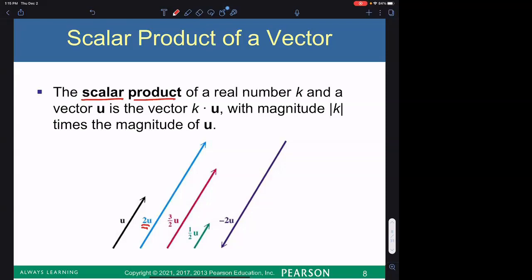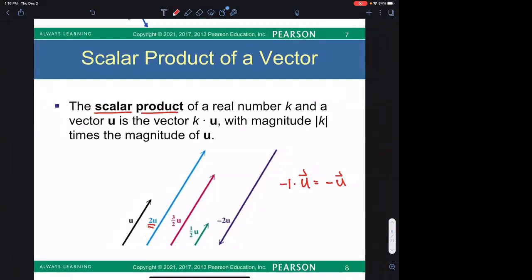So if you want a vector to double its length, multiply it by 2. If you want it to be the same length but in the opposite direction, you could multiply it by -1. So what we're going to see is that -1 times a vector u is just the opposite of the vector u, because you kept the same length and you just turned it around in the opposite direction by multiplying by -1.